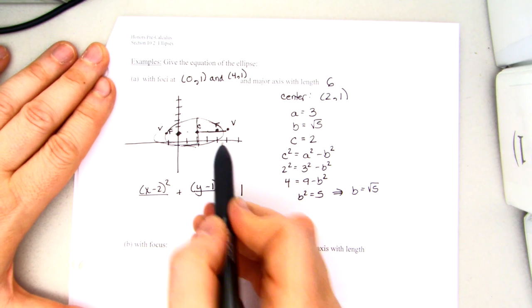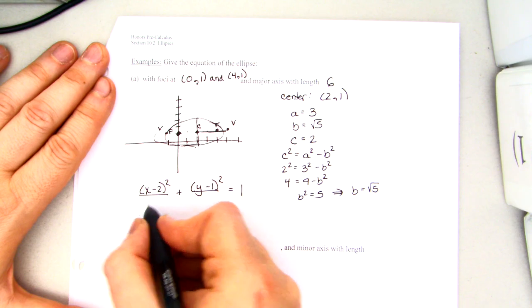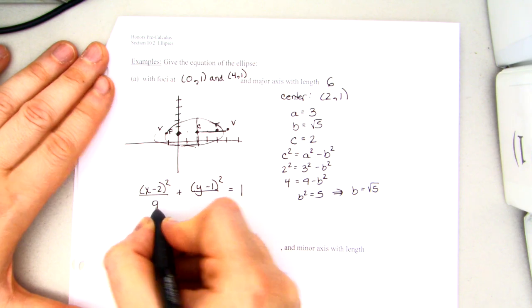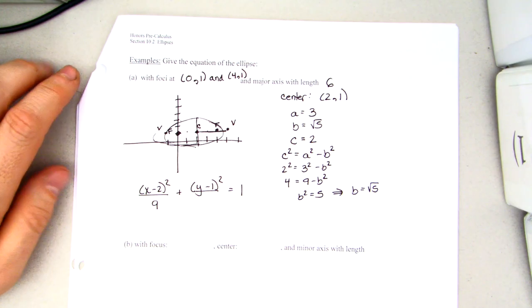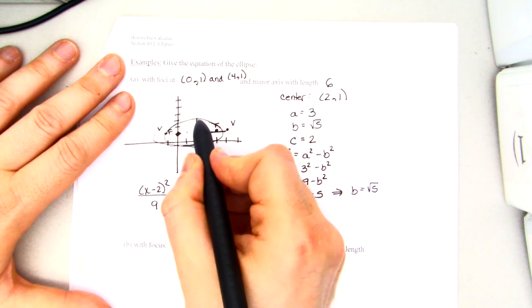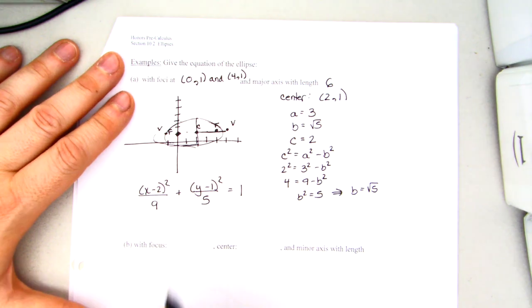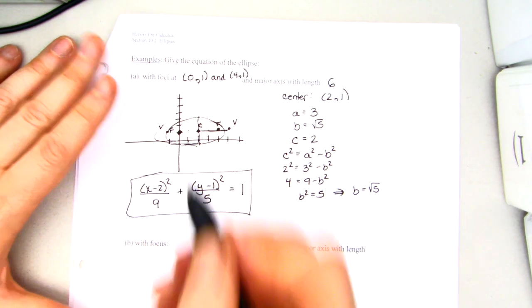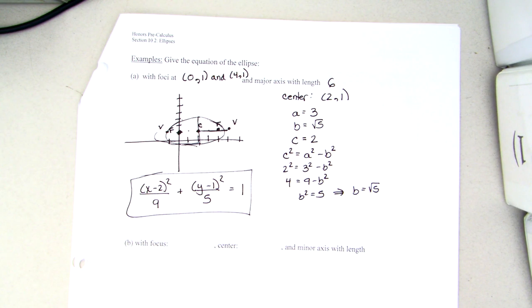I'm going out to the end of my major axis. I'm going out 3, so I'm going to put 3 squared, or 9, in the denominator. In the y value, I'm going out my B distance. I'm going out square root of 5, which means B squared is going to give me 5. This is how I'm piecing these things together. My ellipse will be (x minus 2) squared over 9 plus (y minus 1) squared over 5 equals 1.